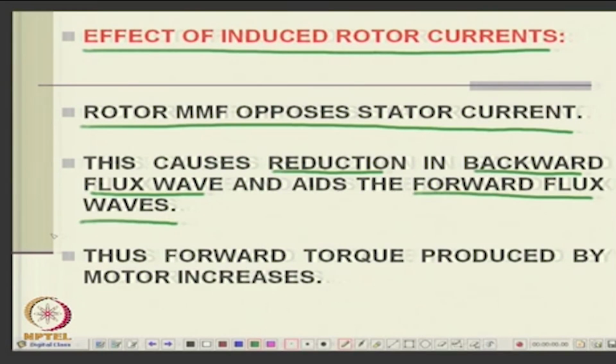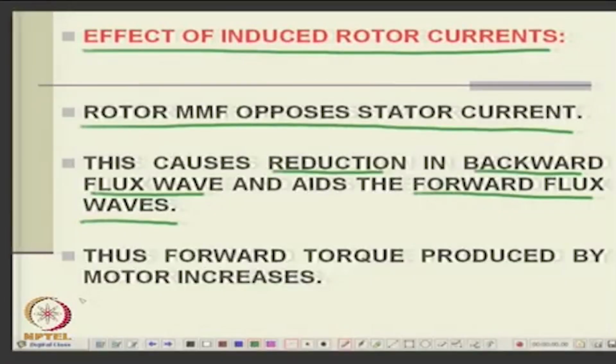So, forward air gap flux will be more than the backward air gap flux at other speeds except in starting. Therefore, the actual situation is that the forward torque is more than the backward torque than what was assumed earlier.